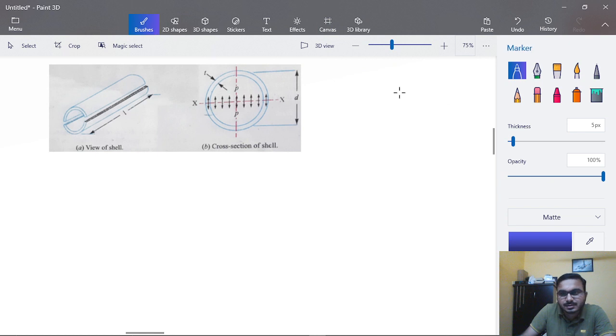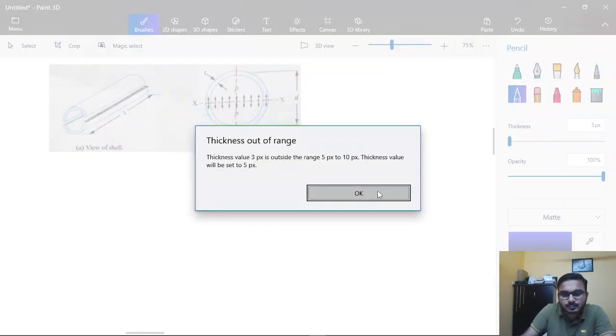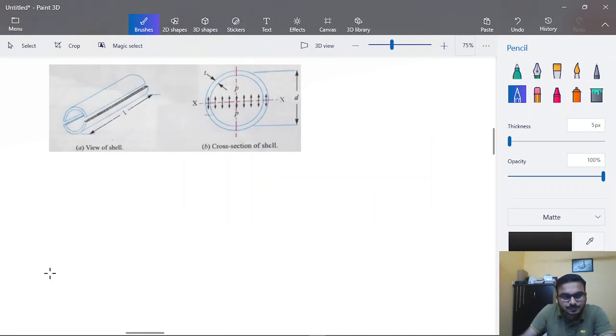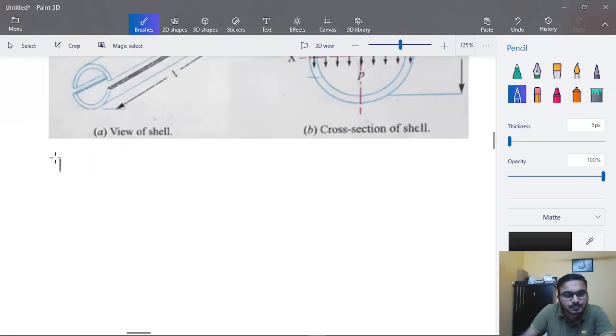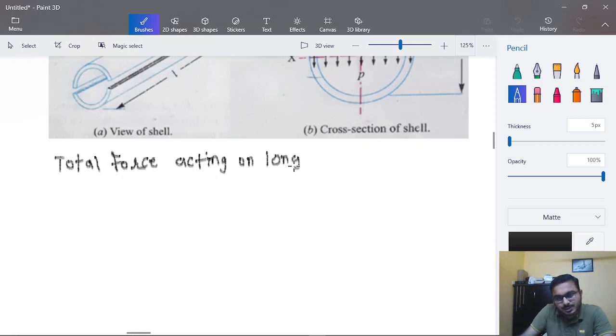So let's begin the derivation for this. First of all, we will write down the total force acting on longitudinal section.